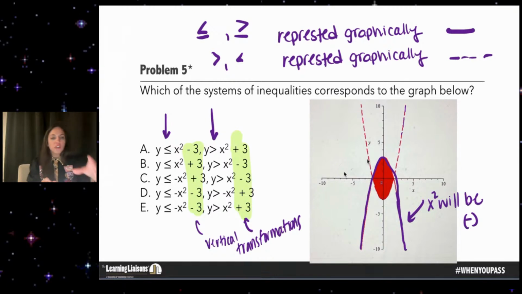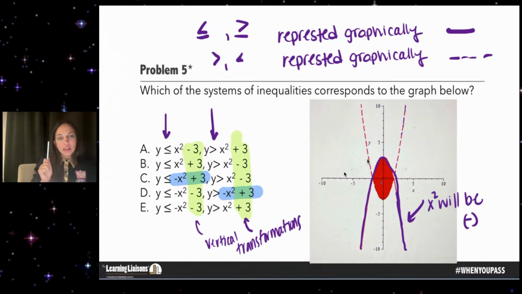So I need to look for a negative x squared plus 3. Where do I have that? Negative x squared plus 3, negative x squared plus 3. Those are my only two options.